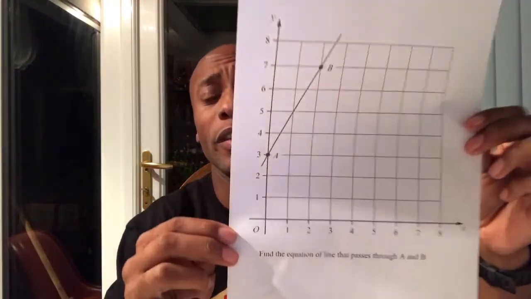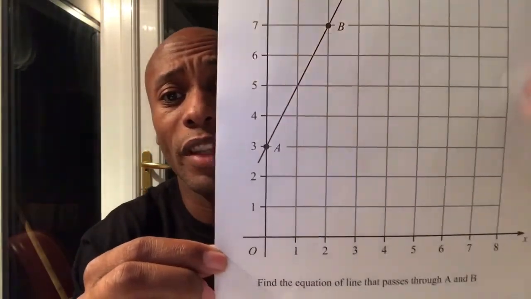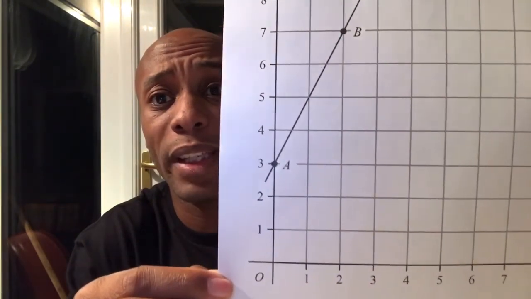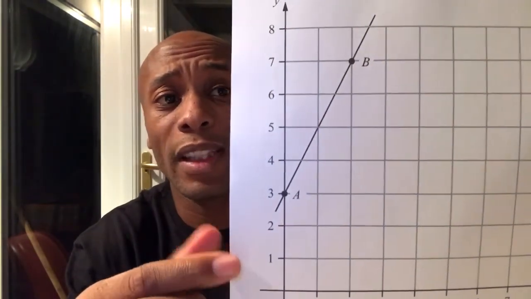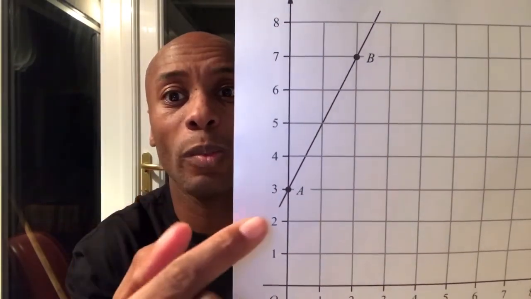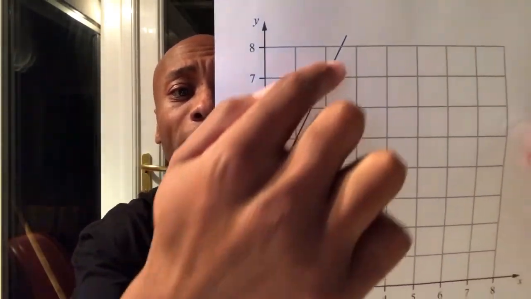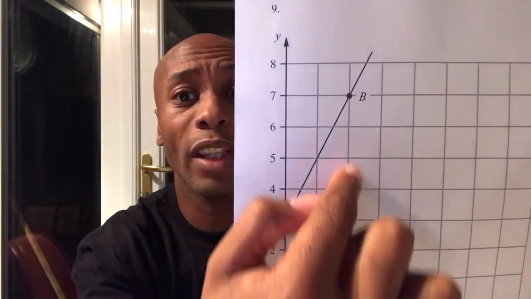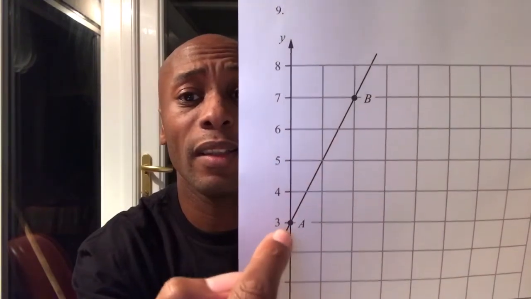So here's one question, which says find the equation of the line that passes through A and B. Obviously this cuts the y-axis at 3, so you know the c value will be 3. Finding the gradient of this positive line, you draw that triangle that you can see my finger tracing here.